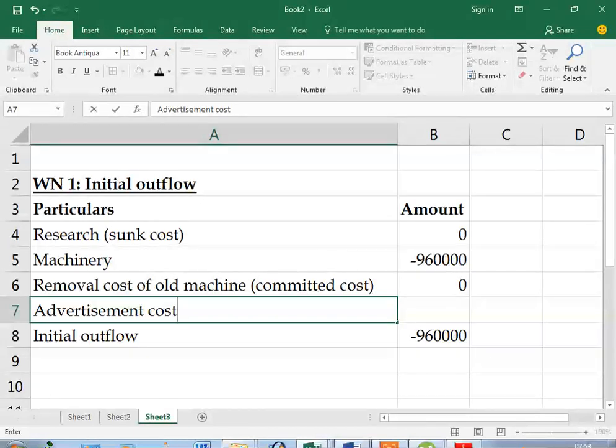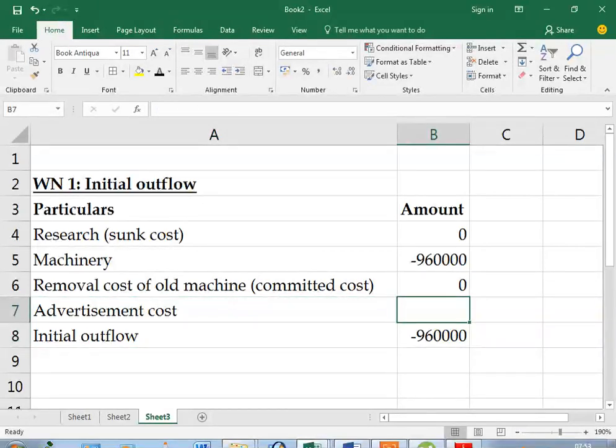What are we going to do on the tax side? I'll explain in some time. Beginning of year 1 is year 0. So the advertisement cost is 1,25,000. There is going to be a tax impact on this that I'll explain as I proceed. As of now, I am writing what is relevant for year 0, because beginning of year 1 has to come in year 0.